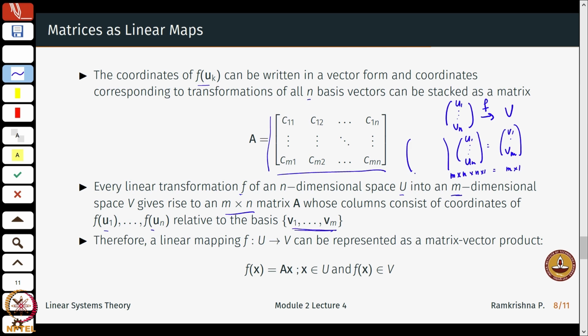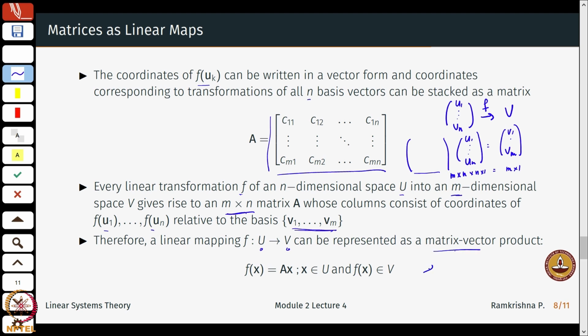Okay. So, therefore, this transformation is an m cross n matrix, and therefore a linear map f from a vector space u to another vector space v can be represented as a matrix product.